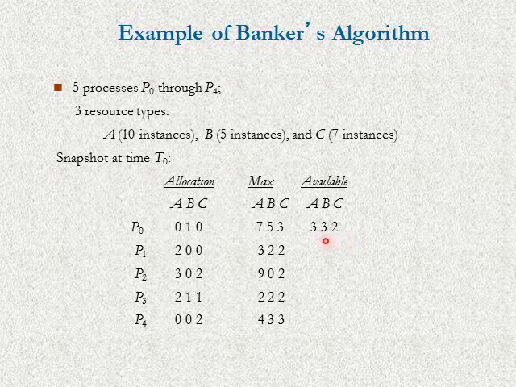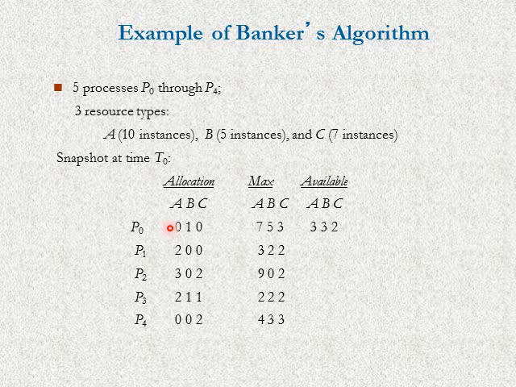So at this time, we have 3 instances of resource A, 3 instances of resource B, and 2 instances of resource C. And this number can easily be achieved, as we know that at the beginning we had 10 A's, 5 B's, and 7 C's. So if we just subtract the allocated numbers from these, we will get the number of available resources at this moment.